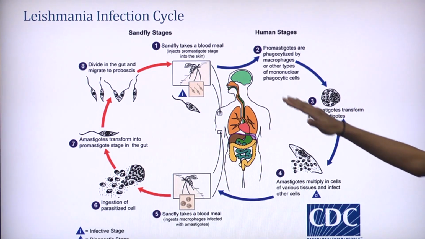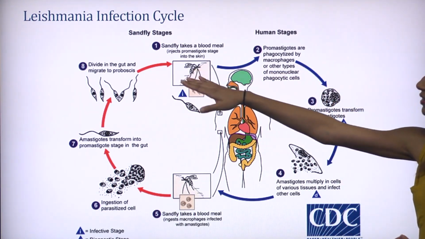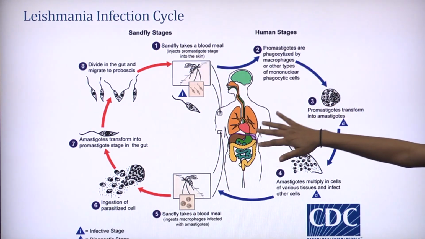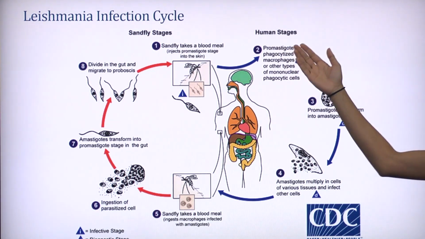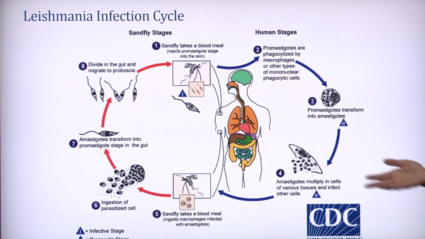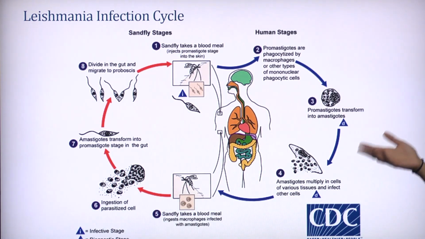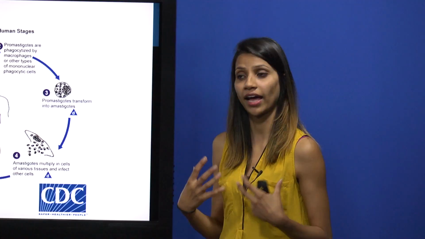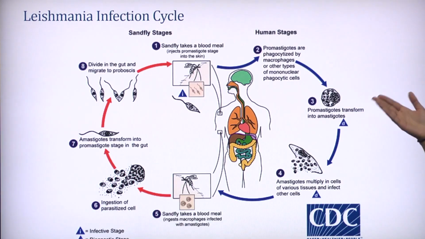But still, just to compare, the infected sandfly takes a blood meal of a healthy individual, and the promastigote form of the parasite gets entry into the healthy individual. These promastigote forms, once inside an animal cell, transform into amastigote forms, which are not motile.